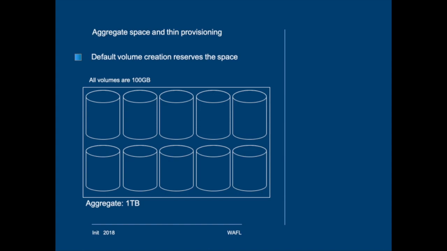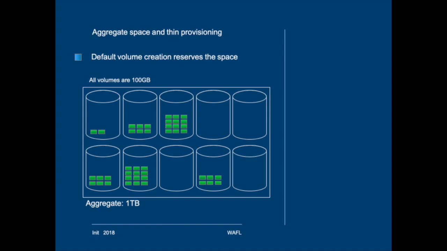If you would create all of your volumes like that, then in a 1 terabyte aggregate, you cannot create more than 1 terabyte of volumes in that aggregate. Now, if your volumes are not fully capacitated, so some volumes only use a few megabytes of space, then still you would lose 100 gigabytes for every 100 gigabyte volume you create.